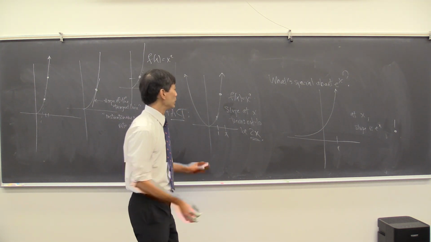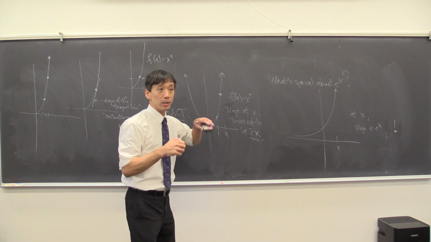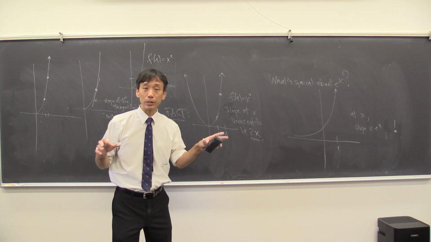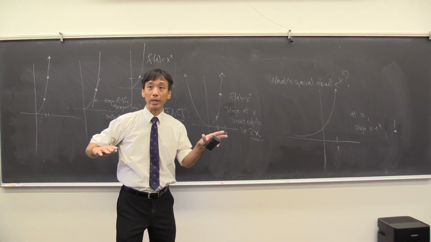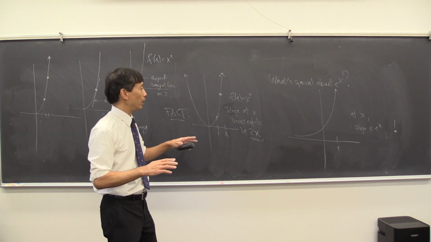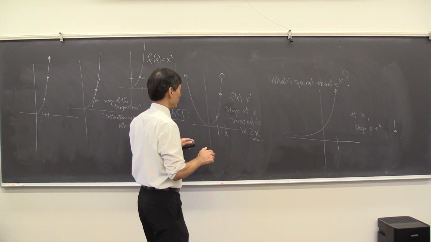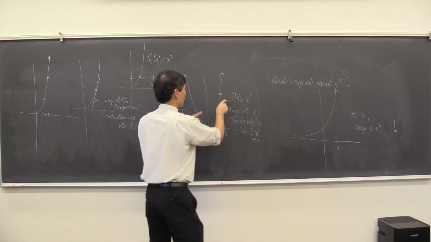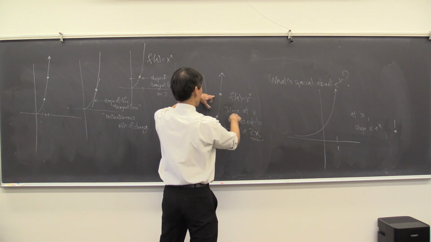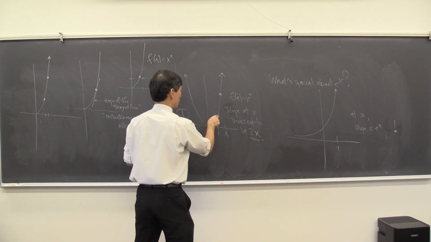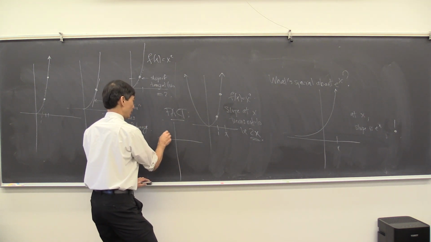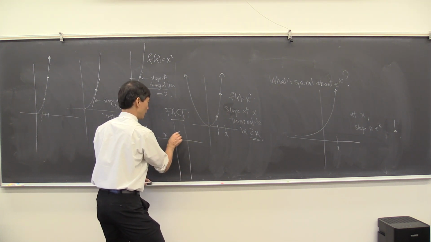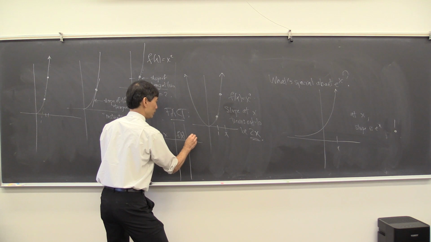This was what we were talking about the other day, about how the money increased so much. So for the x squared function, let's think like this: f of x, and then slope.